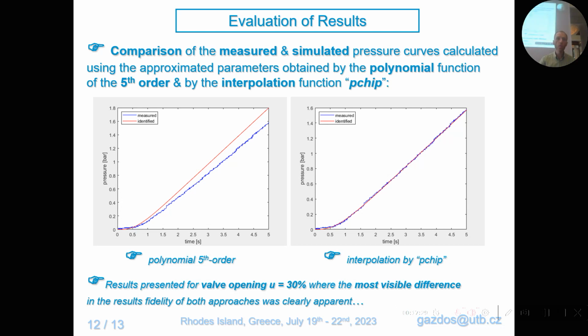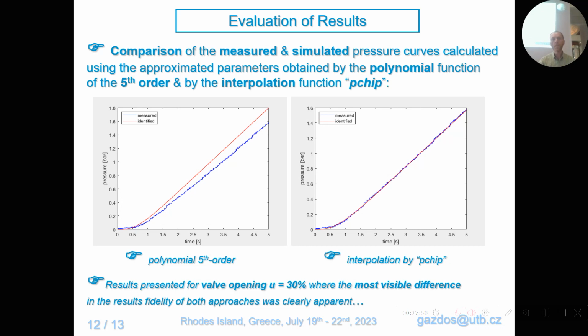So that's for valve opening of 30%, and that is the best polynomial approximation of the fifth order. As you can see, at the beginning it looks good, but as time goes further, it diverges. It's not so precise.